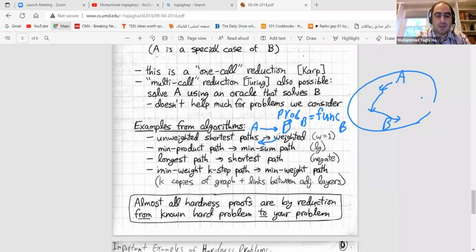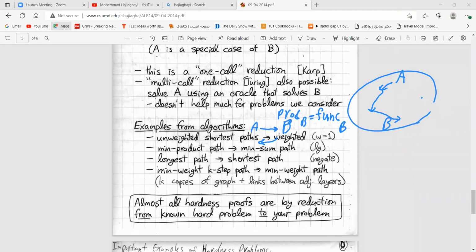So can we say that also the unweighted is as hard as weighted? Any ideas? Please unmute and answer.